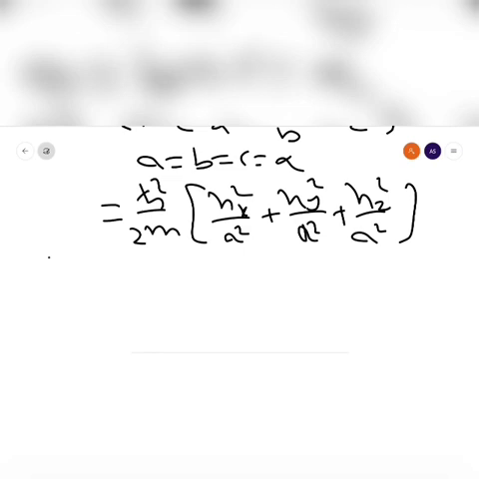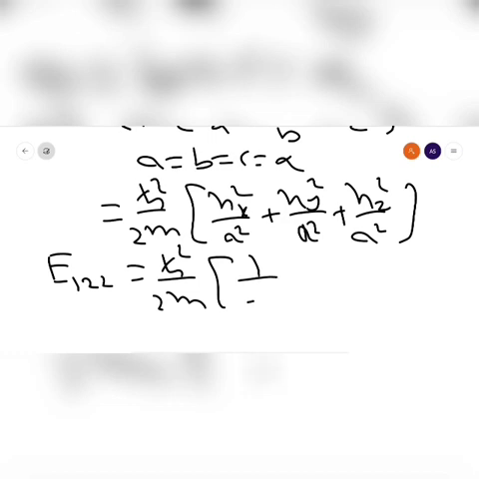Now the energy of the state 1, 2, 2 is equal to h square by 2m times 1 upon a square plus 4 upon a square plus 4 upon a square.